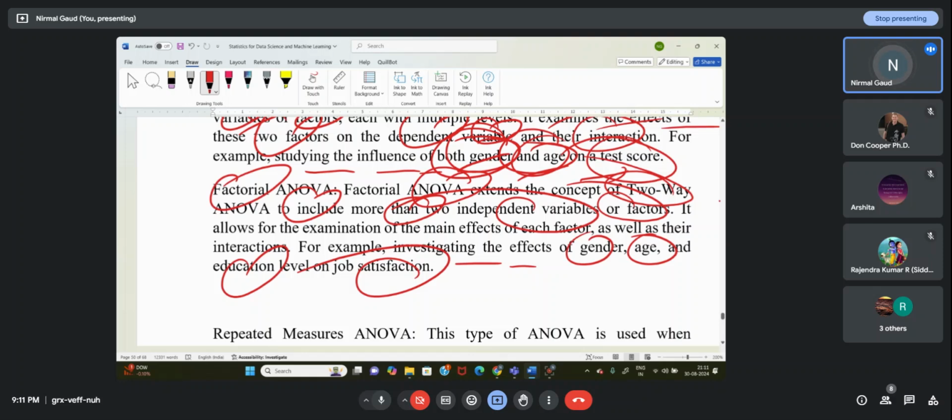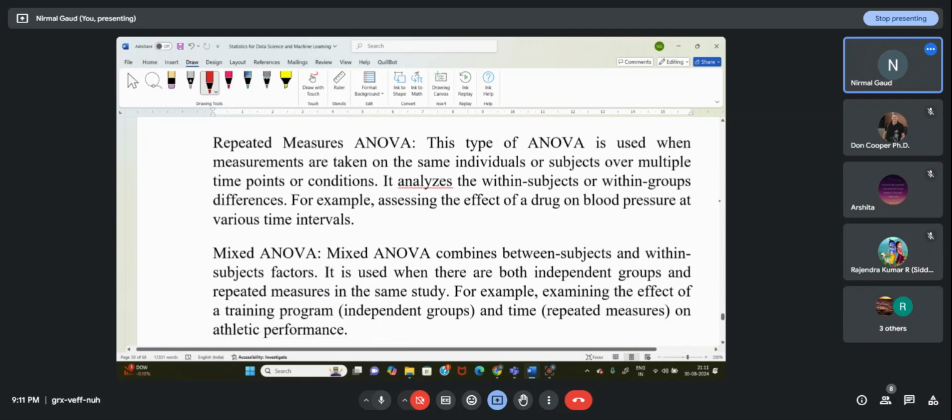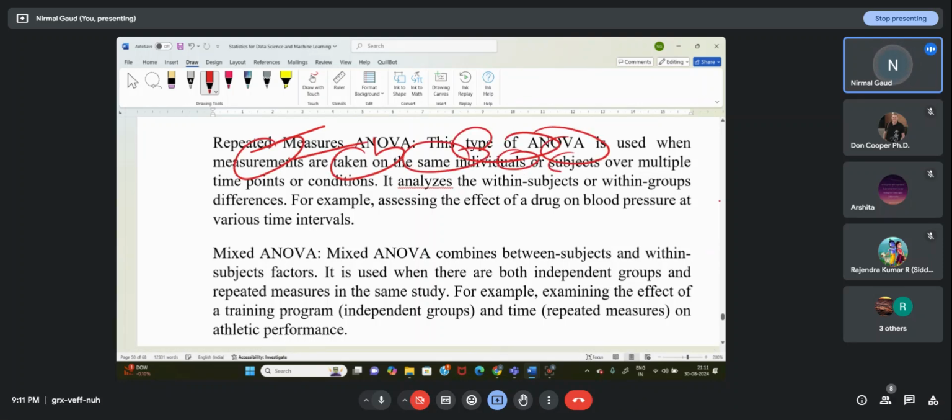Then we are having repeated measure ANOVA also. Repeated measure ANOVA is a type of ANOVA which is used when the measurements are taken on the same individual or subject over multiple time points or conditions. For example, I'm checking the blood pressure of a patient in the morning, then in the afternoon, then in the evening, then at night.